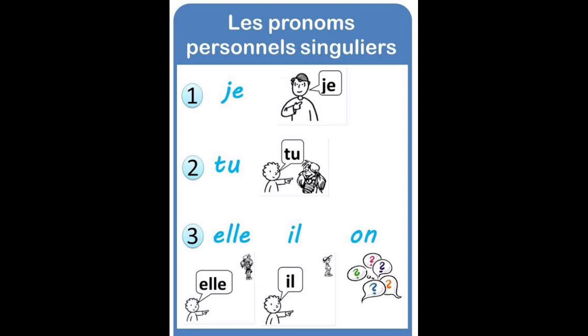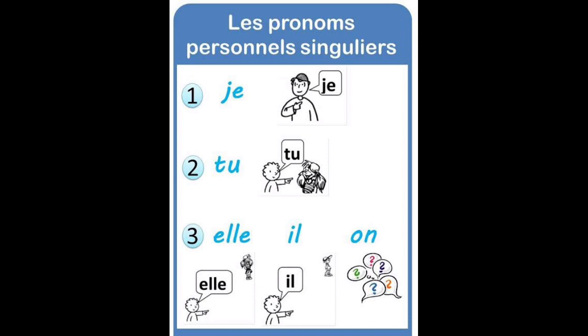The first is je. The first person is je. The equivalent of je in English is I. Look at the photo. It is I.